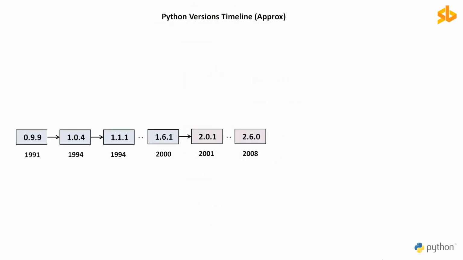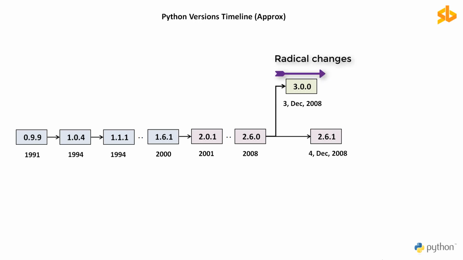In fact, there was a divide in the Python community about what kind of changes are to be done to the language. One section of the community felt the need for major updates to the language by adding in new radical features even though they were not backward compatible. Another section of the developer community recommended a conservative approach and wanted to add in new features gradually to the existing 2.6.0 branch so that it wouldn't break the existing applications' code bases.